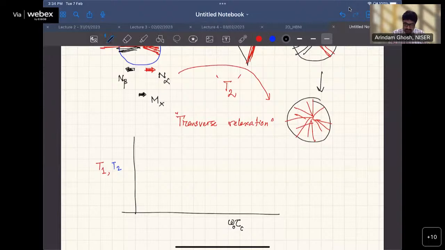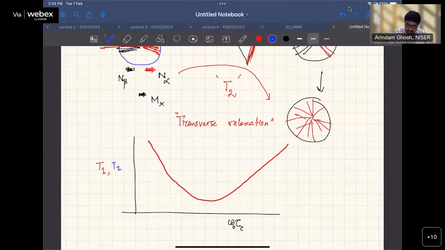So values of this product, omega tau c, can be plotted. If I just plot this, let me tell you, red I have taken for T1. The T1 looks something like this. That is the T1 curve. As omega tau c increases, T1 first drops and then starts increasing again.